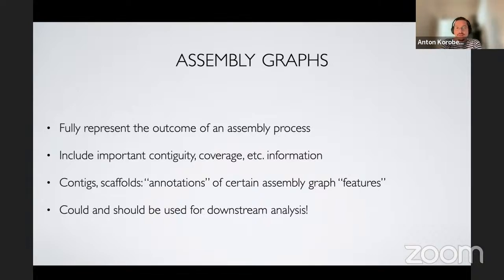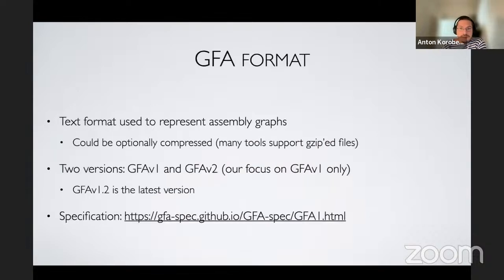So my point is that the assembly graphs could and should be used for downstream analysis. Fortunately, recently, a decent amount of tools emerged for the analysis of assembly graphs, and I'm pretty happy to see the increased widespread of the graphs, especially for metagenomes. So that's great.